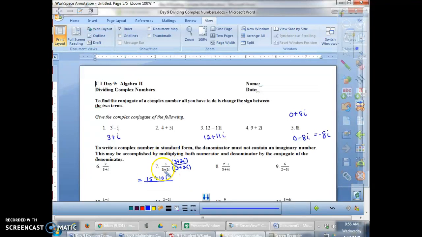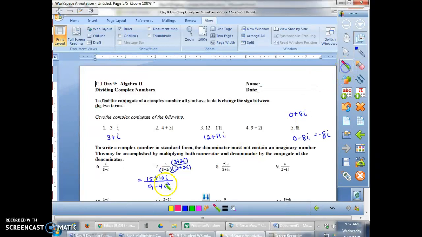And then the denominator I do have to multiply. First times first is going to give me 9. And then remember when I did my outers and inners yesterday, we know that they're both going to be 6i, but they have opposite signs. So the outers would be positive 6i, the inners would be negative 6i, so I don't really have to multiply those. The last term, negative 2i times a positive 2i, will make for a negative 4i squared.